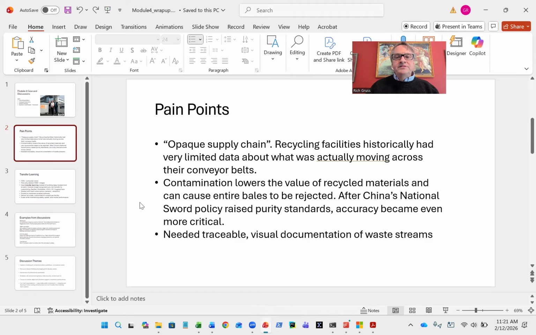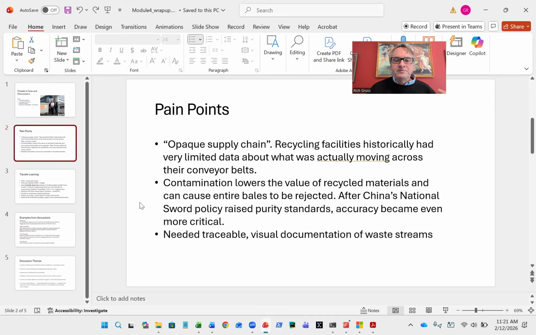So in order to make the recycling industry cost-effective again, they had to have some way of maintaining these purity standards, or really cleaning it up. If you have people doing the sorting, then it becomes too expensive and there's no point in even doing it.